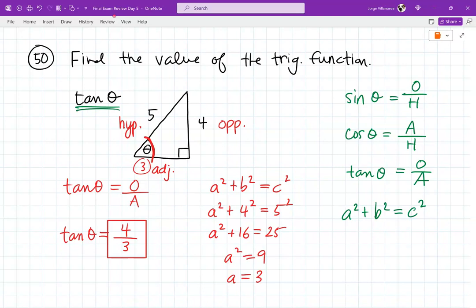So you're looking for the value of the opposite and the value of the adjacent. If one of those is missing, you have to figure it out, and the way you're going to figure it out is using the Pythagorean theorem. The Pythagorean theorem will give you an answer. Once you find that answer, put it on your triangle, and then from there, write out your definition for tangent.